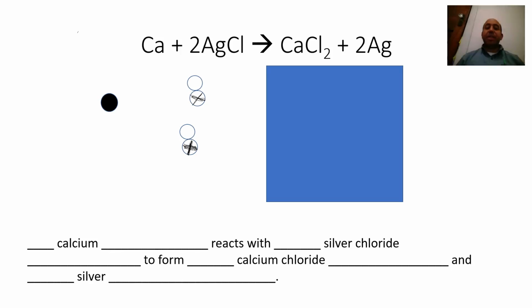So let's look at our next example. Calcium. We see that there's one calcium here, and since it's just by itself, we call it an atom. Reacts with, and we see that there's two of these AgCls, silver chloride, and since the atoms are different, we call them compounds.